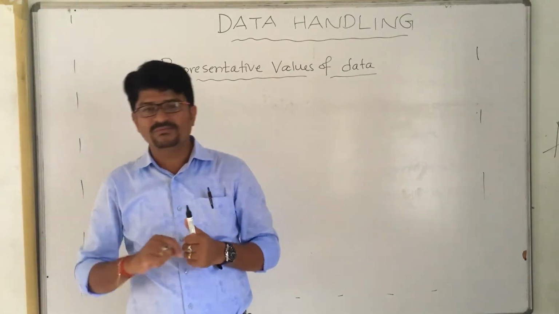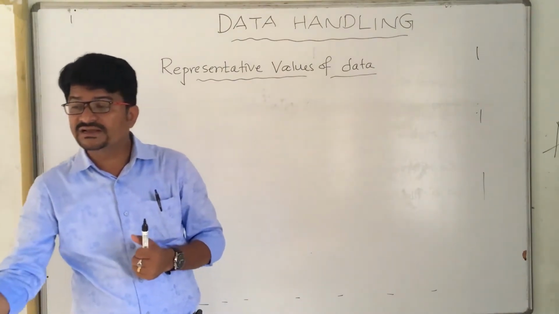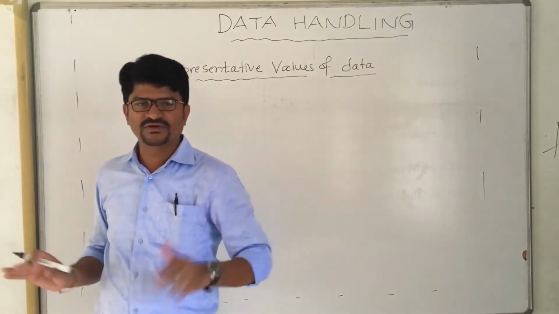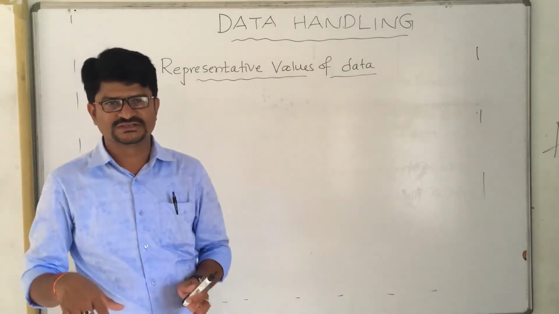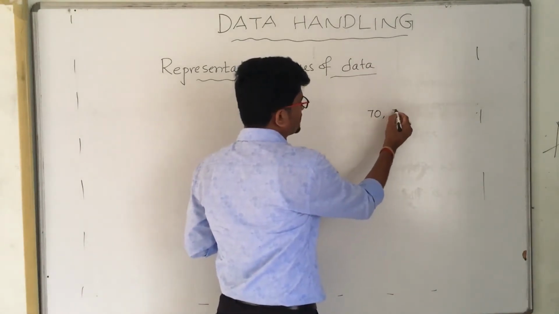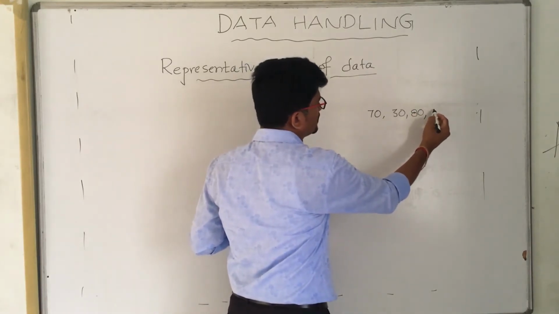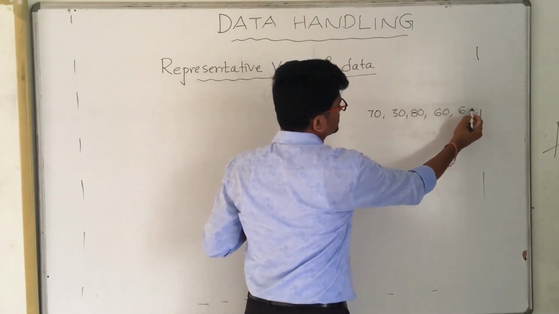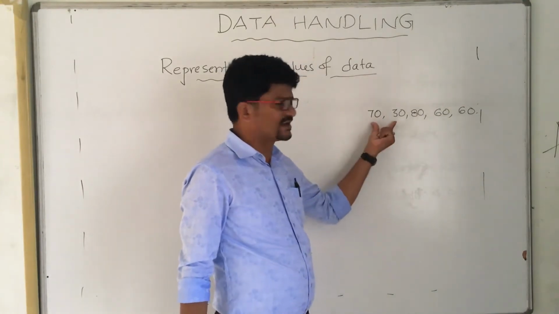But one boy brought only 30 rupees. Then one intelligent boy said, "Arey, you need not worry." He collected all the money from the 5 students: 70 rupees, 30 rupees, 80 rupees, and 60 rupees and 60 rupees. 60, 60, 120, 200, 300.